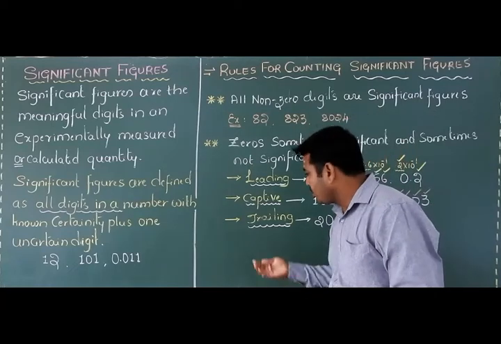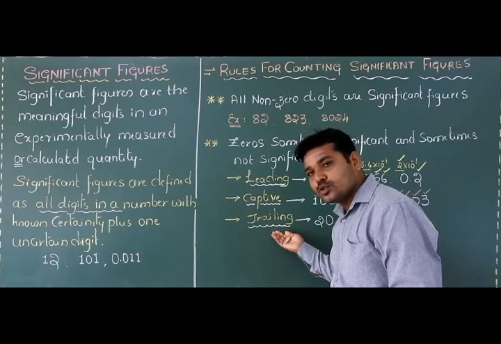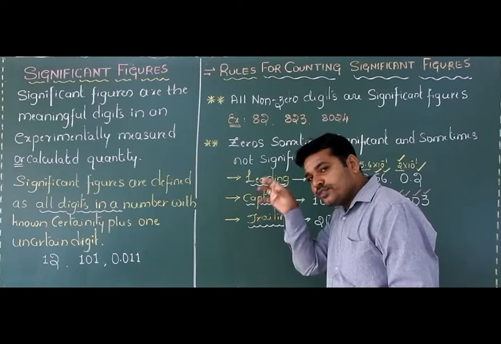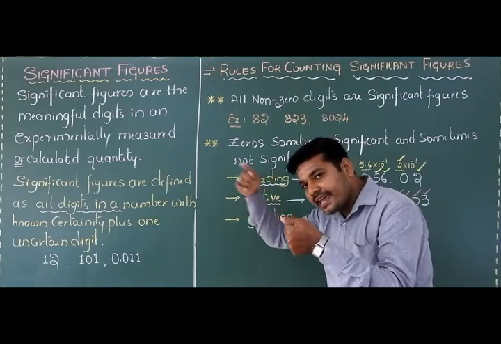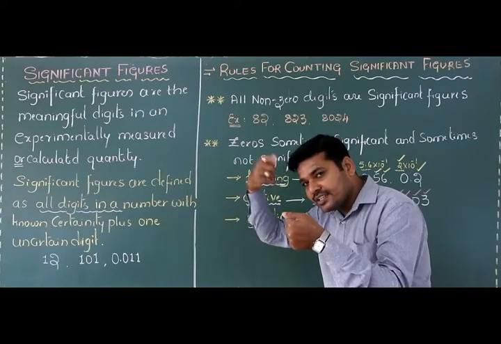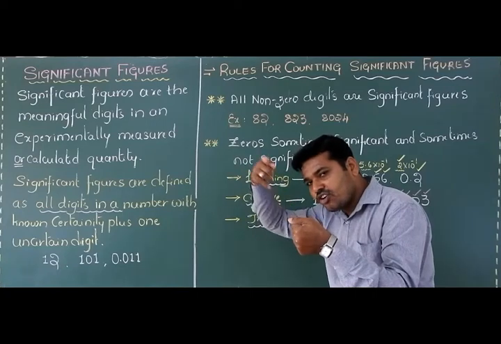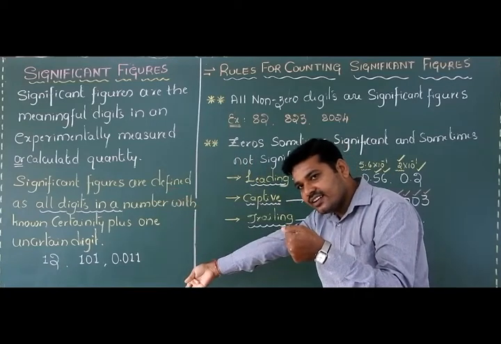Which type of zeros are called trailing zeros, students? The zeros which are present at the end of the number, on the right hand side.